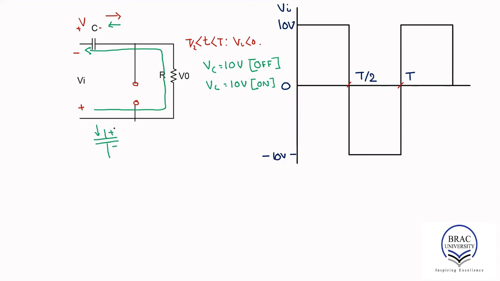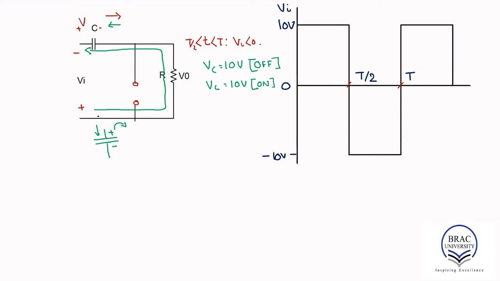But if the same capacitor is discharging at another time, the plus sign and the minus sign are in the same direction. So Vc will be 10 volt when the diode is on, and Vc will be 10 volt when the diode is off. It is quite tempting to think that since the direction of the current has reversed, we would have a Vc with a negative value. This is not the case.